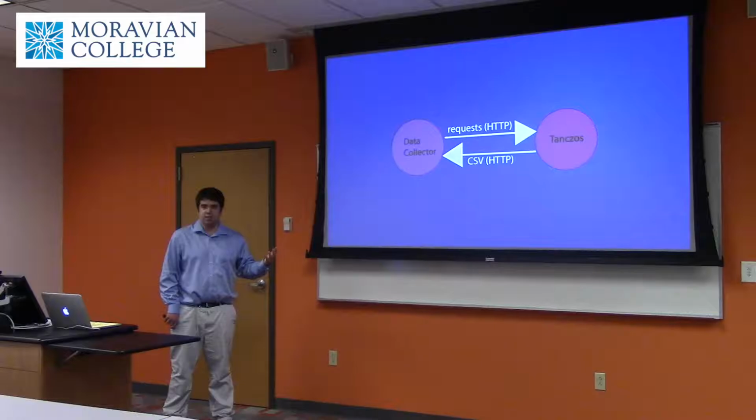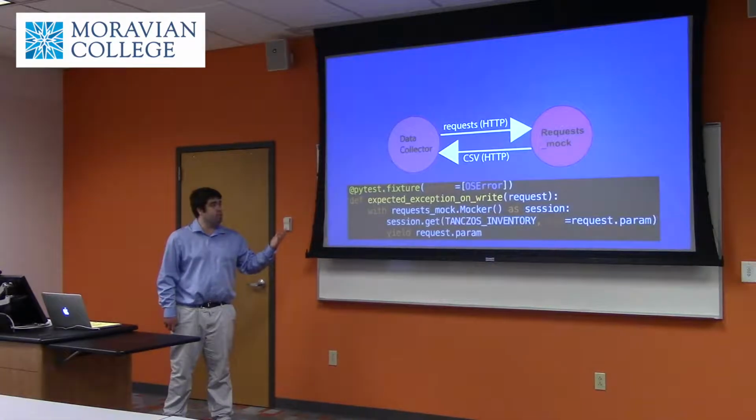How do you test something that behaves unpredictably? And this is a good example of it. The Tanzo server, we make requests to it, and it returns us CSV files, usually. Sometimes, though, it doesn't work. How do we write a test then to make sure that our application behaves correctly when we get a connection error, say? And you do that using something called mocking.